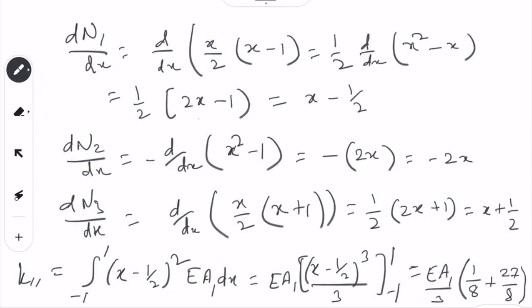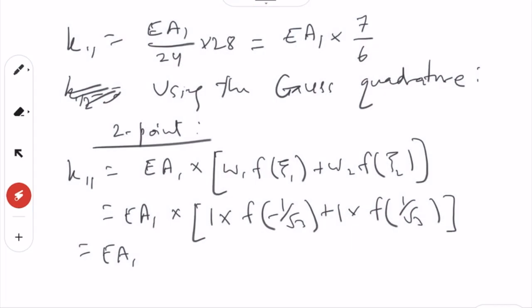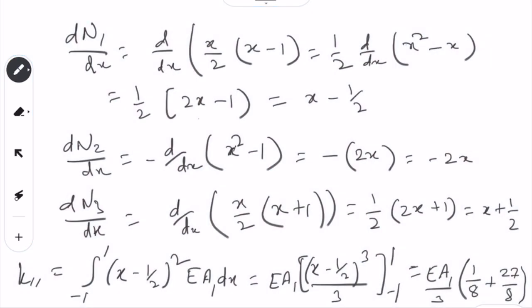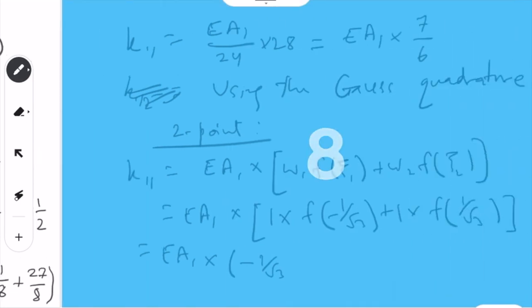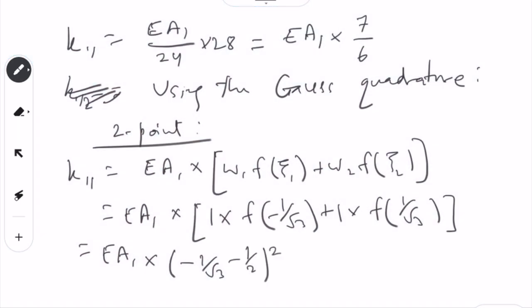So we put minus 1 over root 3 here, of the square of that. So we get minus 1 over root 3 minus half, so minus half squared, and similarly we get here plus 1 over root 3 minus half squared.